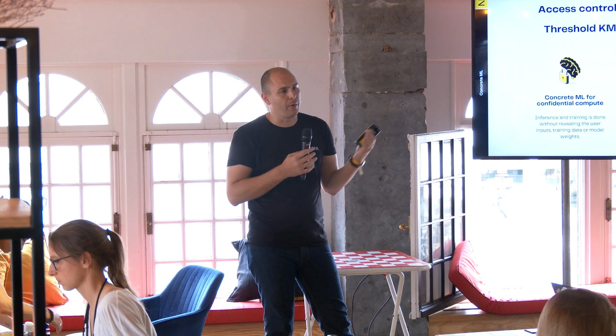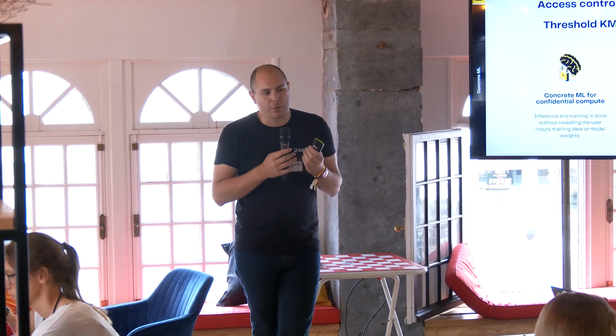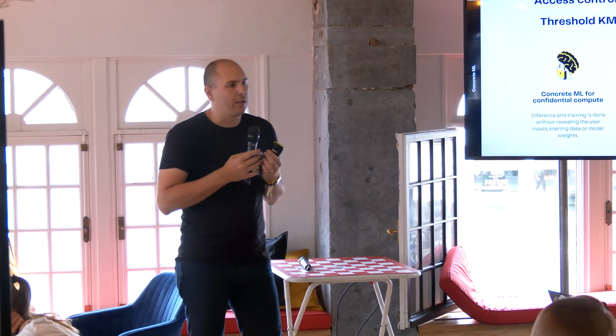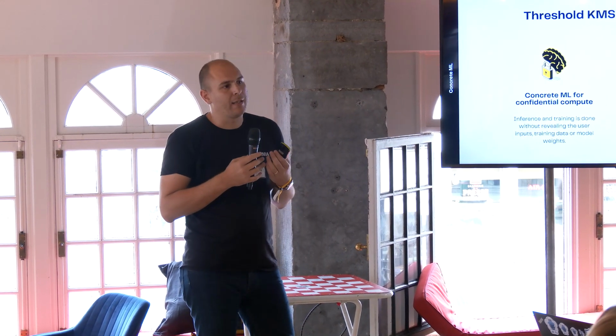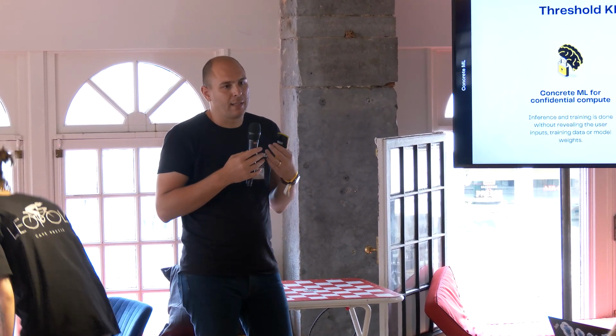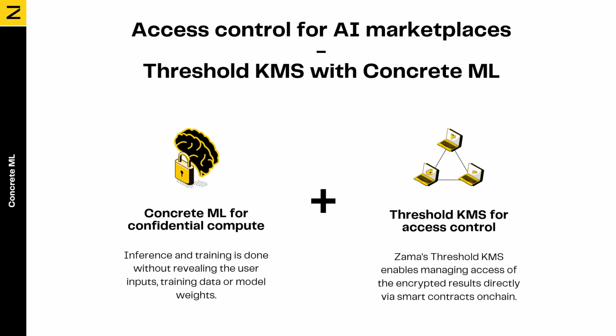To do this, Concrete ML works together with the second Zama product called the Threshold KMS. The Threshold KMS can ensure that some authentication is needed to decrypt a ciphertext and to use the value of that ciphertext.